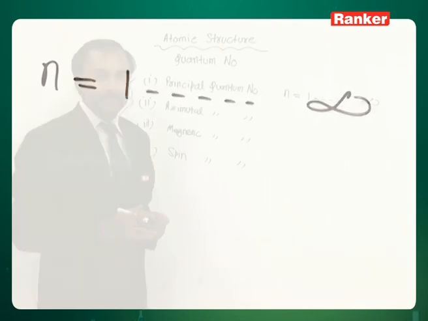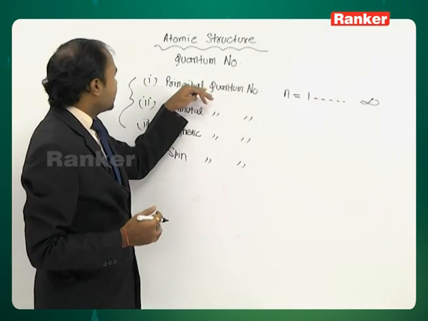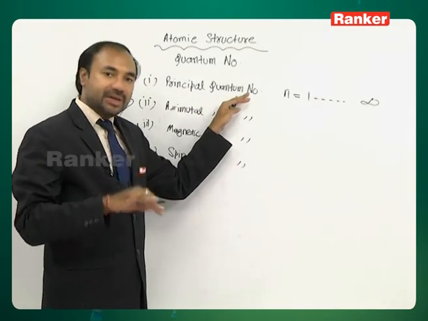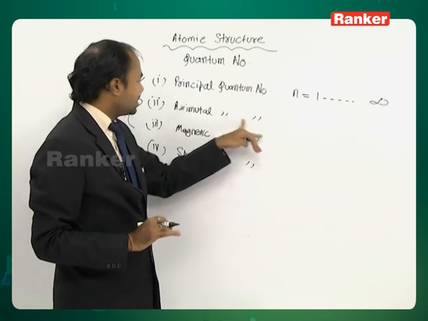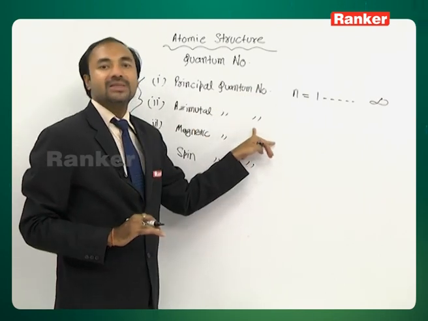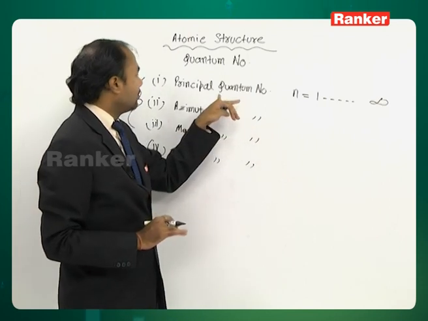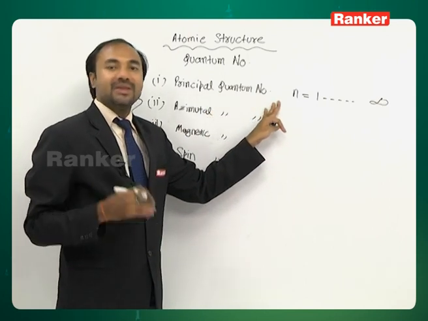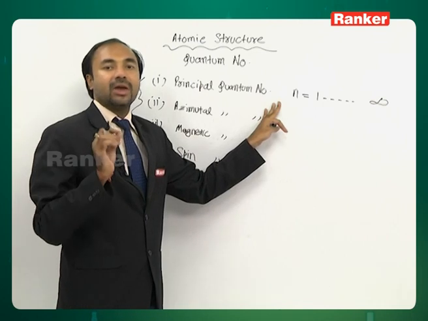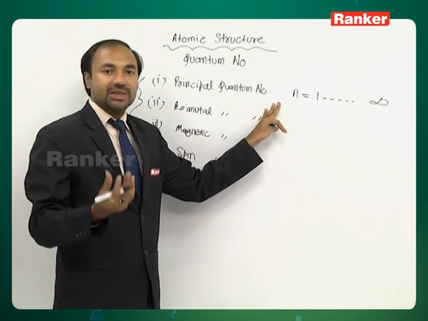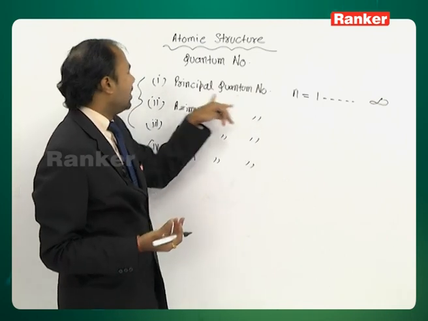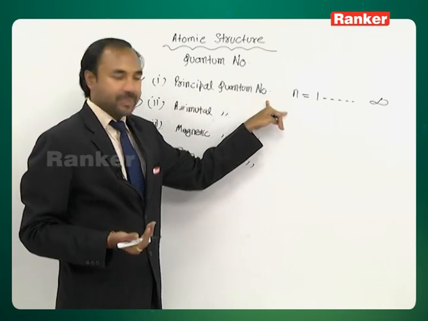It cannot be 0 obviously. So, you can understand that the principal quantum number basically tells us about the energy of the electron. How much energy will be possessed by that electron? That is what the principal quantum number tells us.